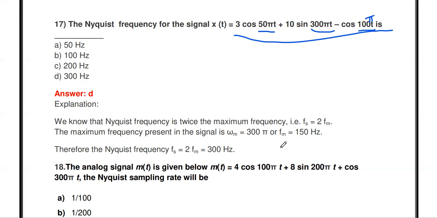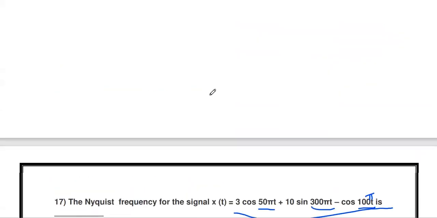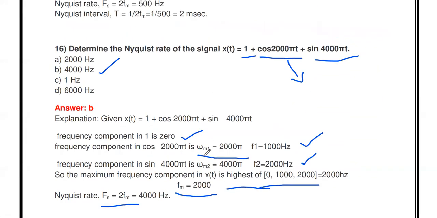Pi cancels, so the maximum frequency is 150 hertz. Therefore the Nyquist rate or Nyquist frequency is equal to twice Fm, so 300 hertz. This is the answer. Here it's a multiple choice question only, so this detailed working is not needed.